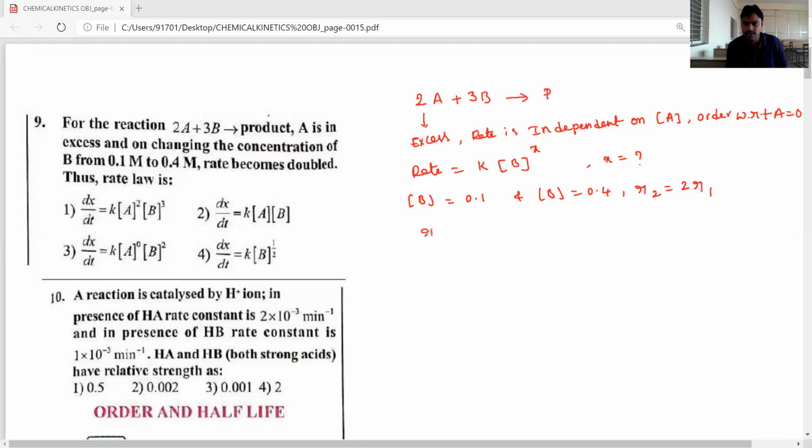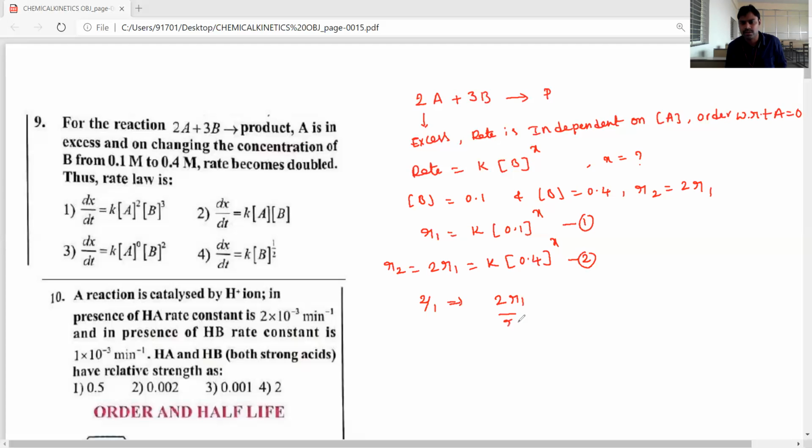Now, R1 is equal to K into concentration of B, 0.1, whole power x. R2 is equal to 2R1, which is K into concentration of B, 0.4, whole to the power of x. This equation is 1, this equation is 2.